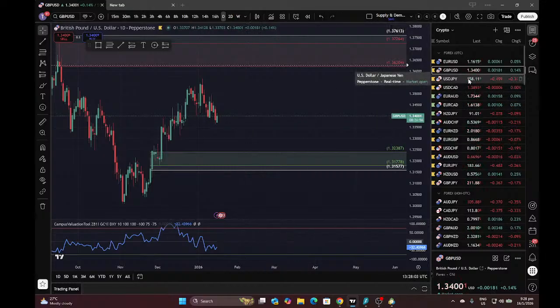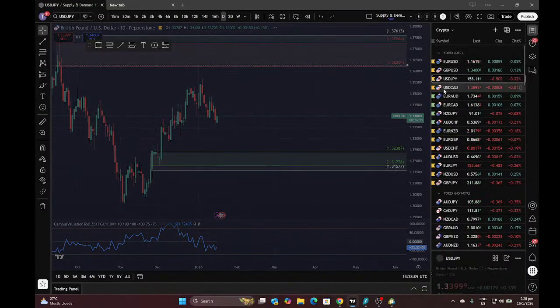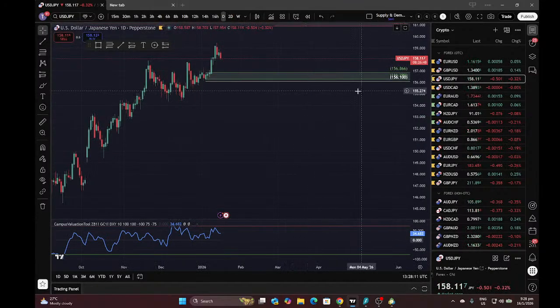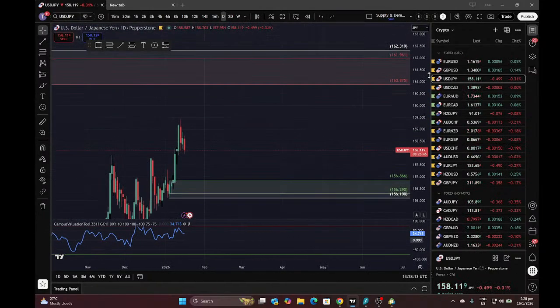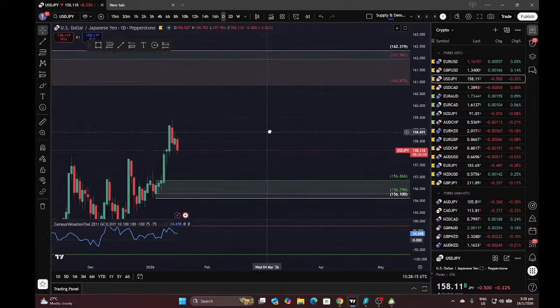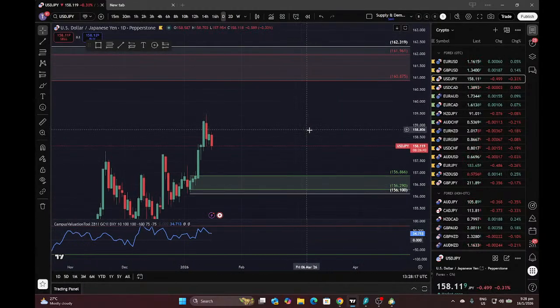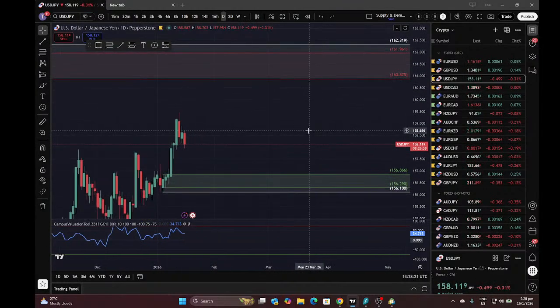But we'll see how it goes, because it hasn't even hit any supply or demand zone yet, so no trade for now. For the US dollar Japanese yen, similar situation, no trade as well. We're still waiting for the price to come to either the supply or demand zone, so still KIV.